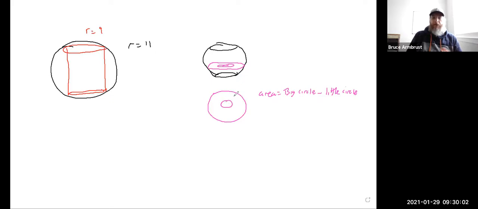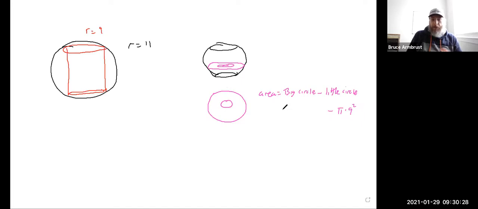Okay, now the little circle is always the same size because that came from drilling the hole through here. And so the little circle is going to have an area of pi times 9 squared. Just good old pi r squared, and the radius of that hole is 9.